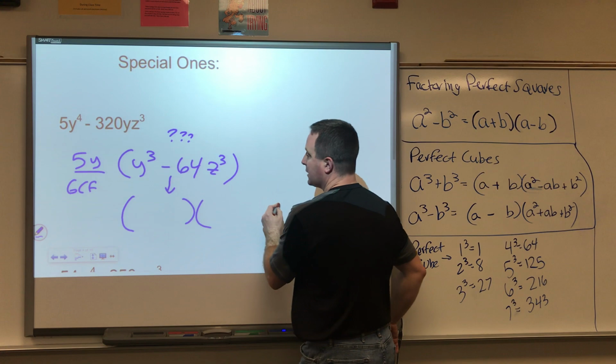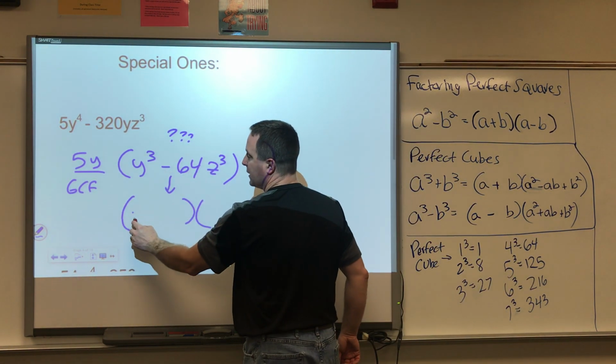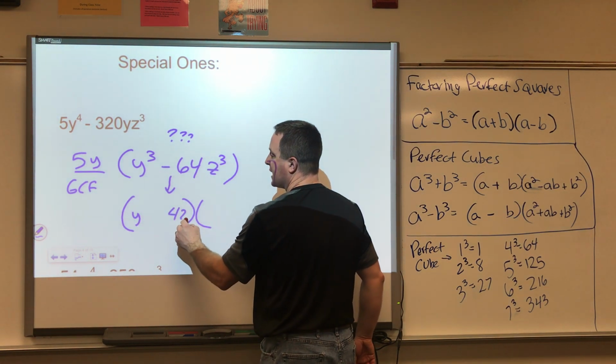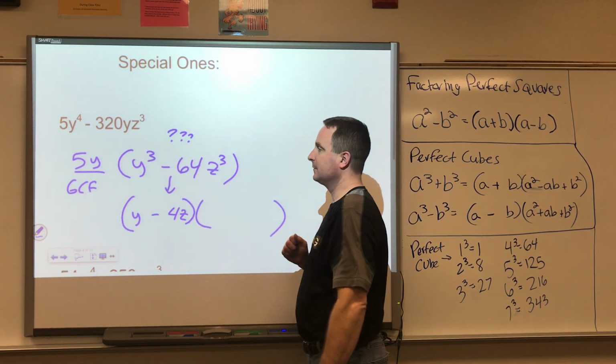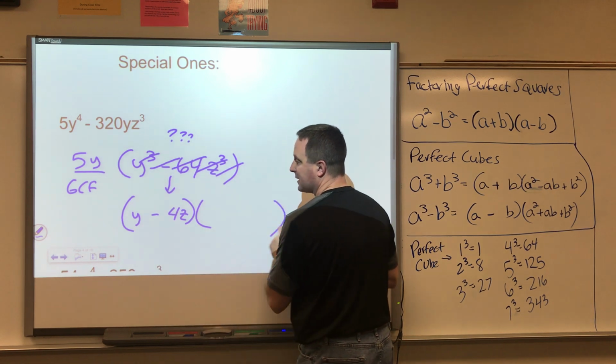So I can break it apart into my little piece and my big piece. The cube root of the first number is y. The cube root of the second number is 4z. And I keep the sign. Okay? And then once again, I'm essentially done with this, because I'm going to use the little piece to make the big piece.